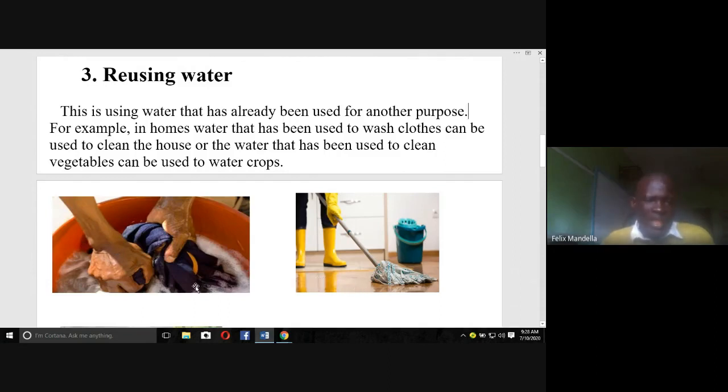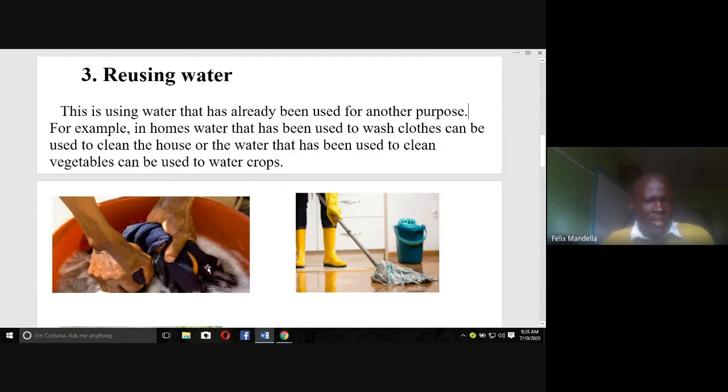If this person, after cleaning the clothes, just pour off or away this water, and then later on, he goes taking some clean water to clean the floor, that is wastage. Because this water is still fit for use for such purposes as cleaning the floor.